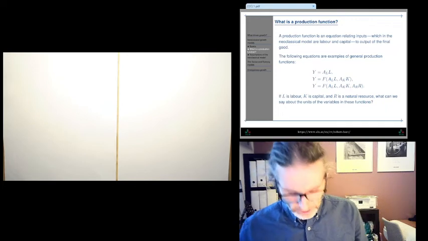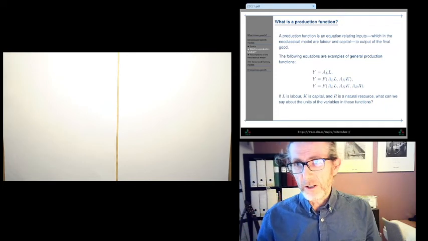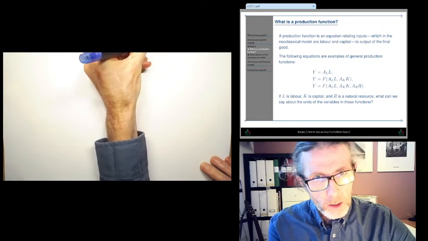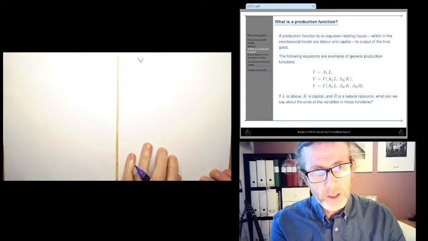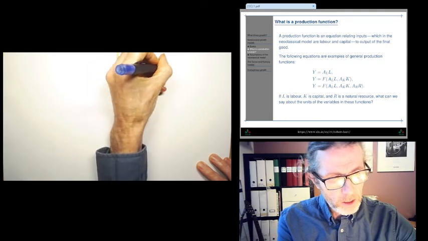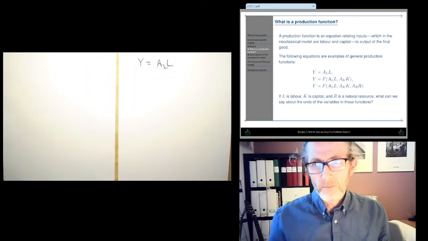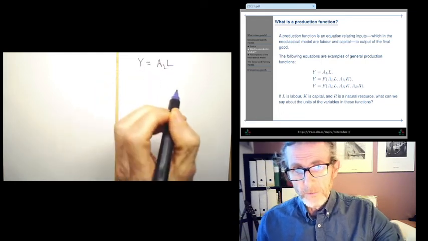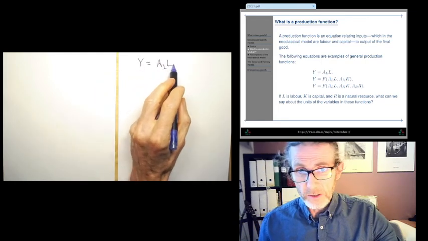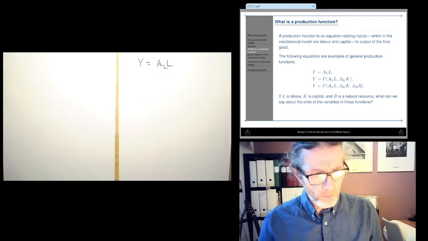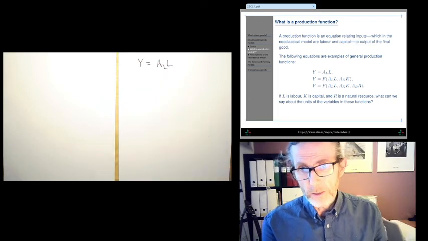I'm giving you three examples here of general production functions. First, Y equals A L, where Y is of course the product, L is labor inputs, and A L is labor productivity. So we've only got one input, labor.